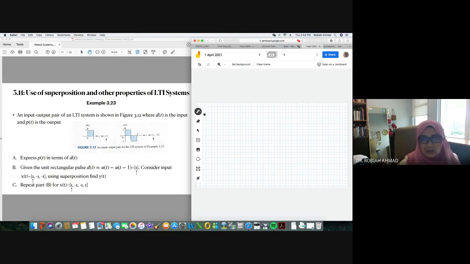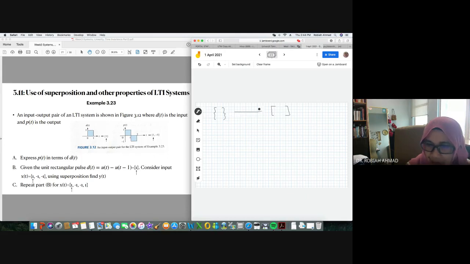Kat sini dalam buku dia pakai this symbol tetapi dalam saya punya nota, because I'm using latex, kalau simbol ni dia masuk dalam program, jadi saya pun tak tahu. Kalau siapa tahu latex macam mana saya nak keluarkan the symbol, so I have to make it bracket instead of parenthesis.